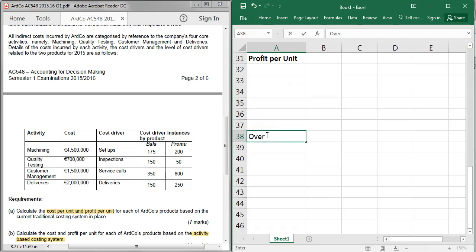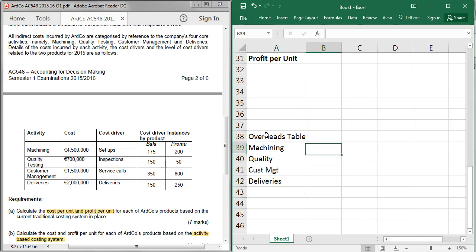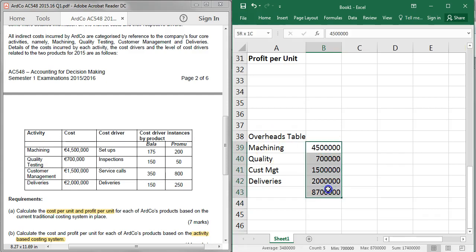So we're going to do the overheads table, and you have machining, quality, customer management, and deliveries. And we're saying we're allocating the overheads. So if you tot them up, that's where your 8.7 comes from.